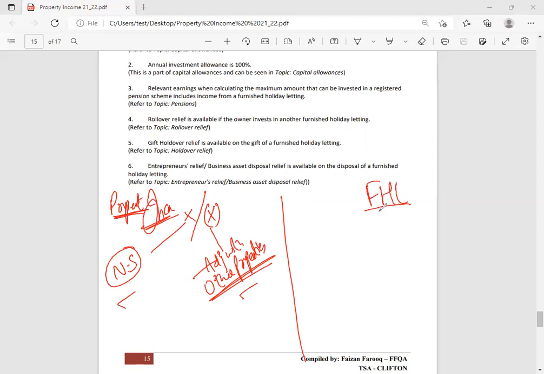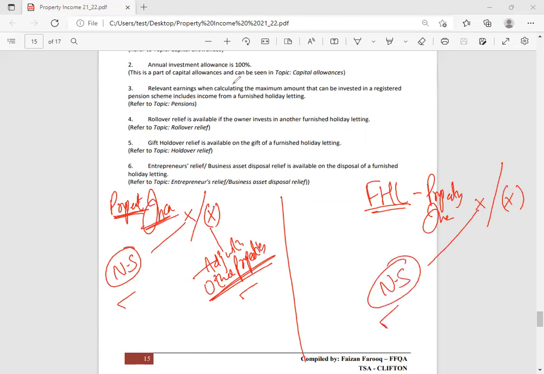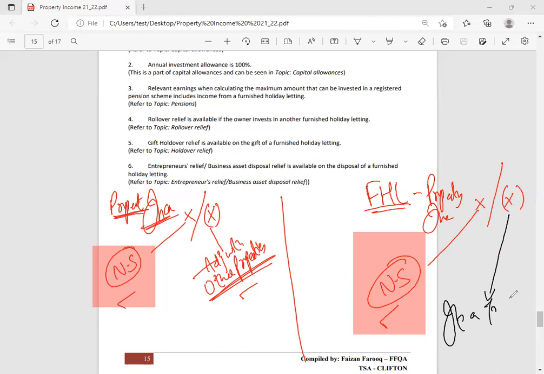If it is FHL and the property has income or loss, then if it is income, it will go to non-savings, the same, no difference. But if it is a loss, it's a trading loss, meaning you are not allowed to adjust it with other property incomes.